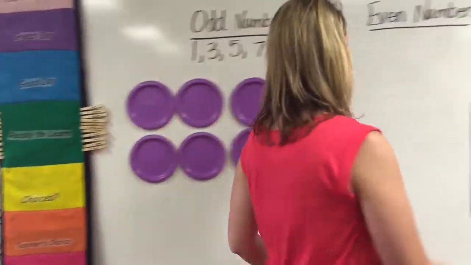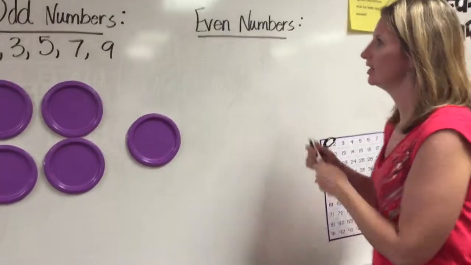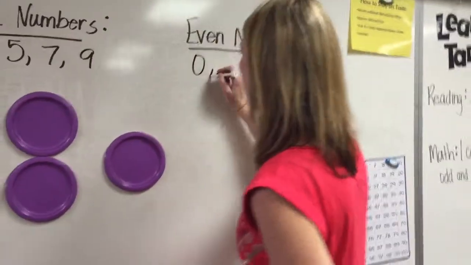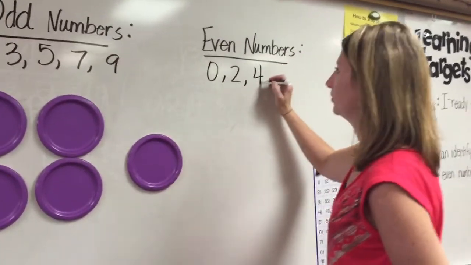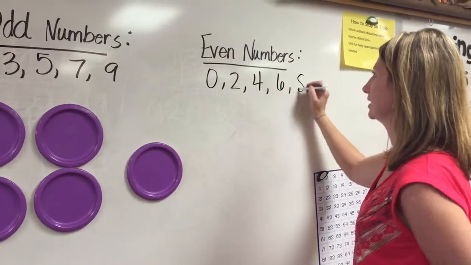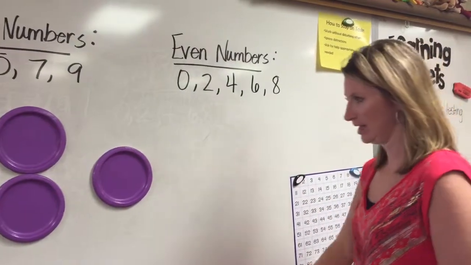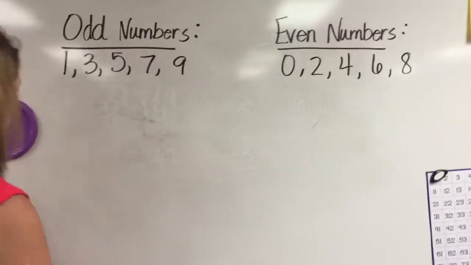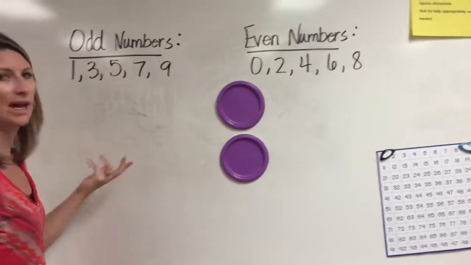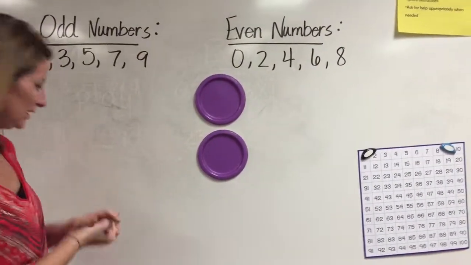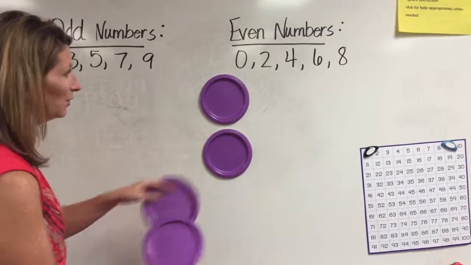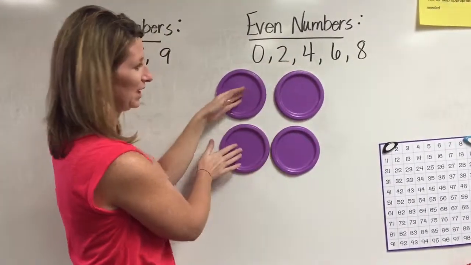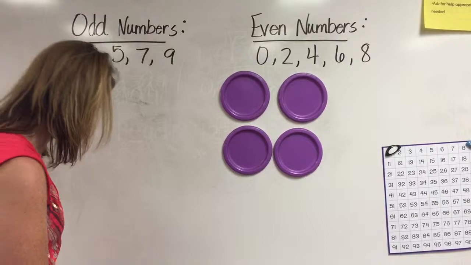Okay? Even numbers then are going to be 0, 2, 4, 6, and 8. If I just have 2, everybody has a partner. It's equal. It's fair. If I have 4, everybody has a partner. Nothing's left over.